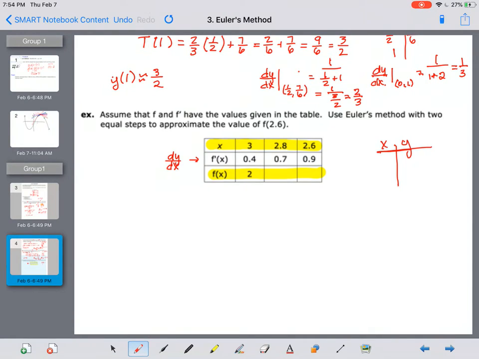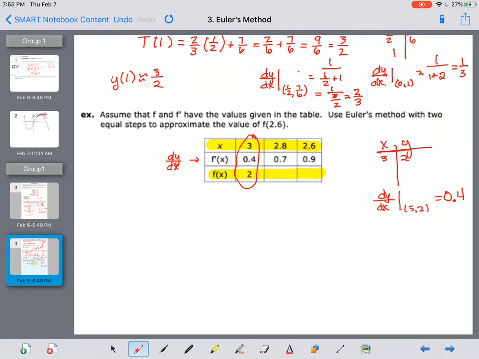Okay, so we're extracting our point, so our point is (3, 2). And we're just going to do this process just like we did before. Our dy/dx at (3, 2), and I'm just pulling the information from the table, happens to be 0.4.